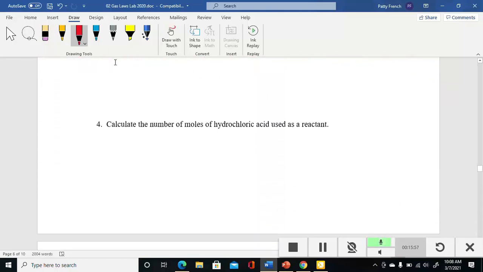Now, the number of moles of hydrochloric acid used as a reactant. Well, this is the total moles of HCl. Okay? And what we're going to be looking for is the moles of HCl that were reacted.